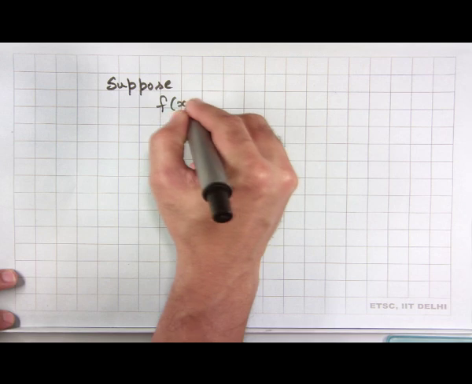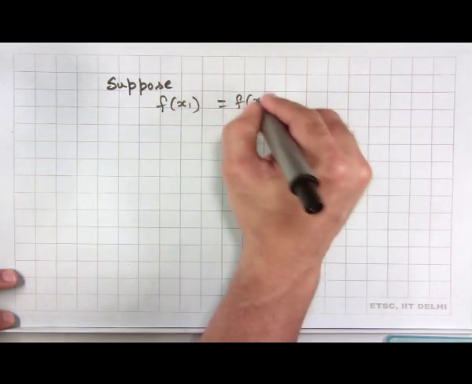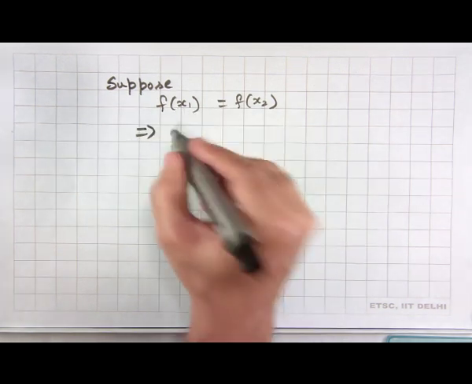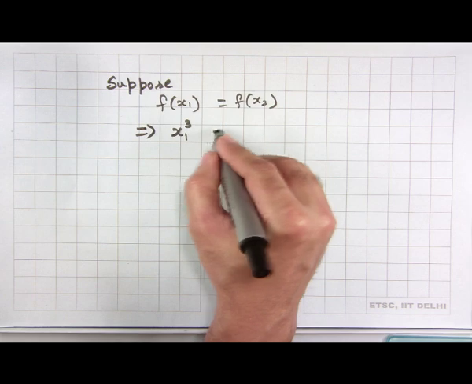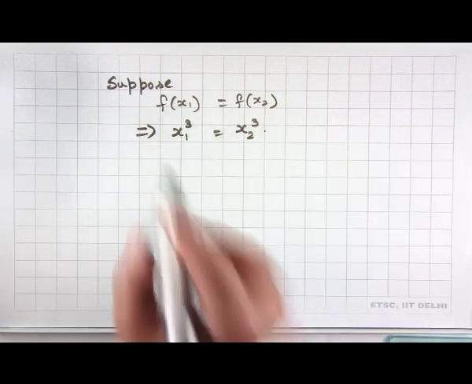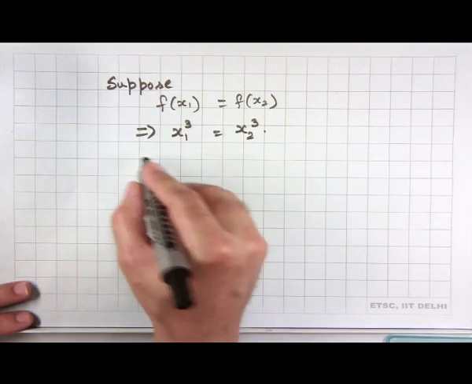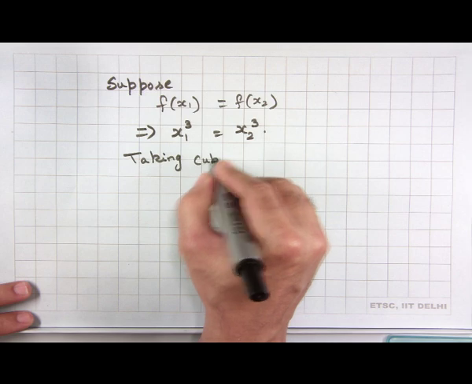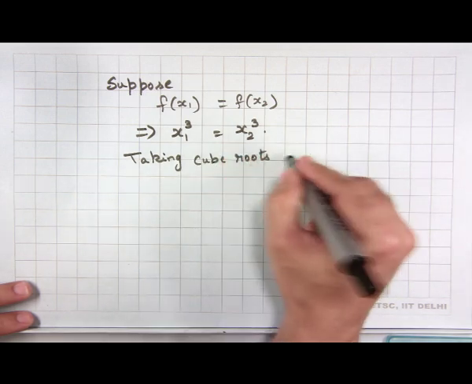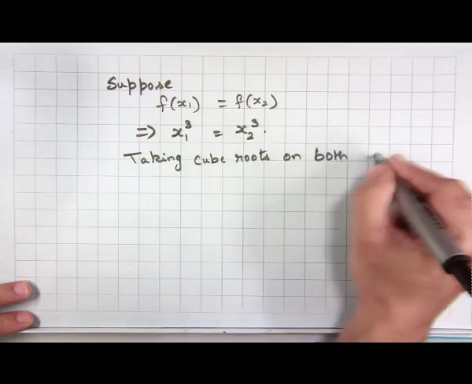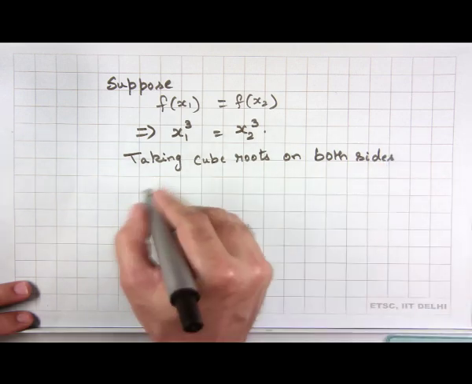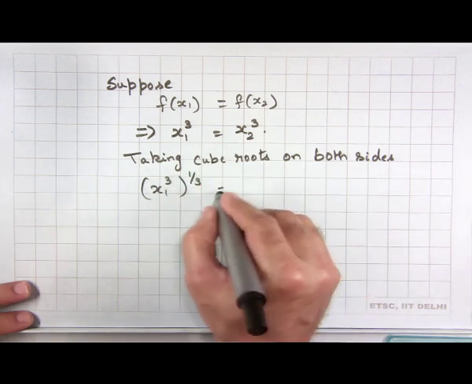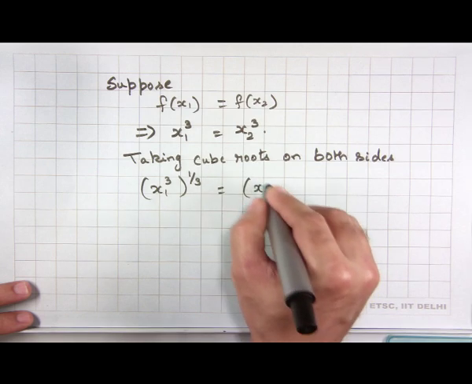f of x1 equal to f of x2 for some x1 and x2. Then what does that imply? By definition of f, this will imply that x1 cube equal to x2 cube. Now, taking cube roots on both sides, we have the cube root of x1 cube is the same as the cube root of x2 cube.